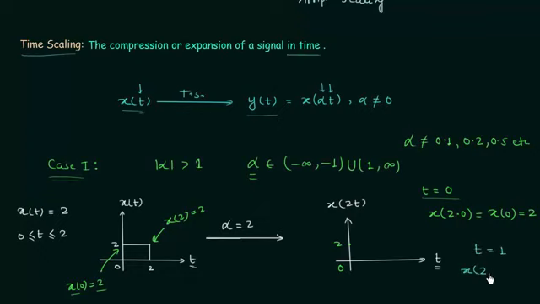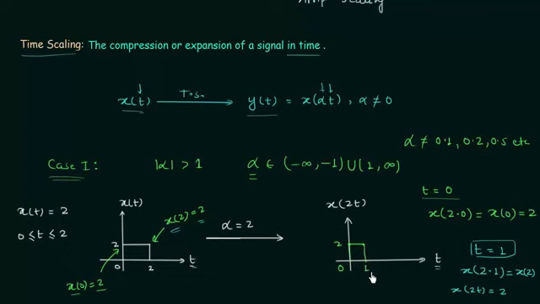This means x(2 multiplied with 1), which is equal to x(2), and x(2) is equal to 2. Therefore, x(2t) is equal to 2 when time t is equal to 1. So when t is equal to 1, this signal is equal to 2. Now we will join these points, and this is the waveform of the signal x(2t).